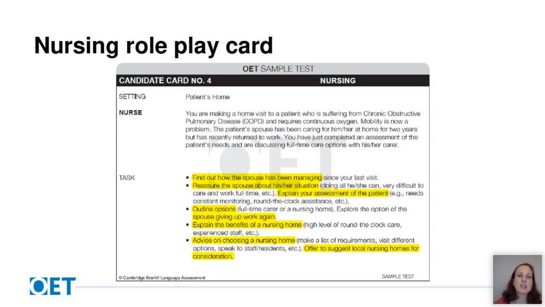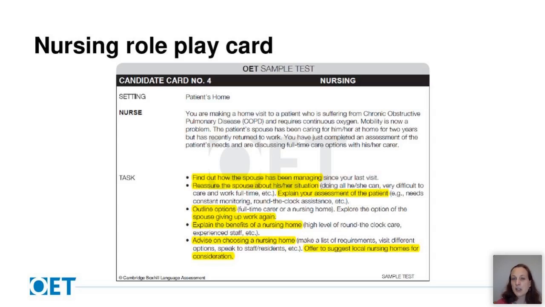So as I mentioned, a few of the nurses were unsure about who they were speaking to, having read the background information. I would say this is pretty unusual for an OET task, but it could happen. So the point I want to make is that I would encourage you to do like most of the candidates did and ask during the preparation time if you are unsure who you are talking to.